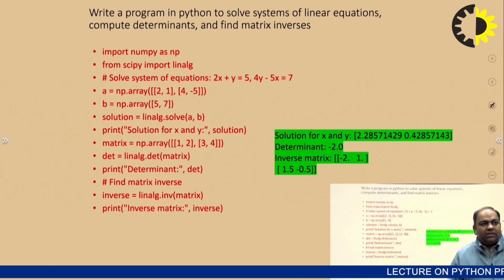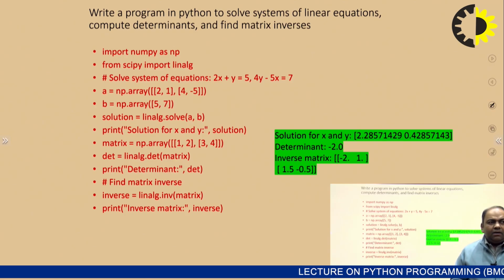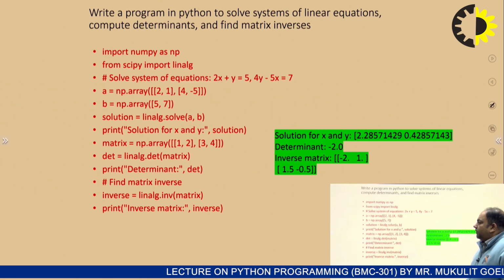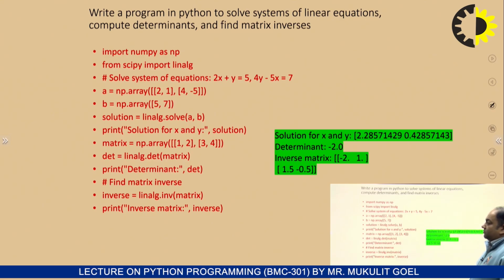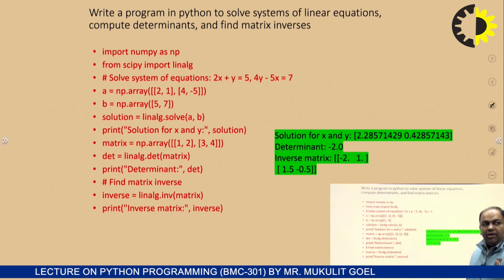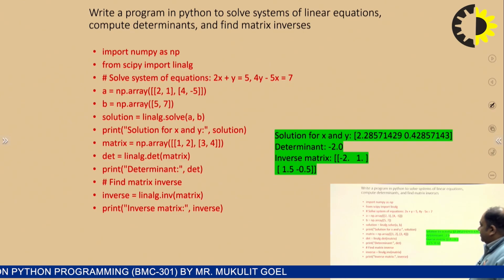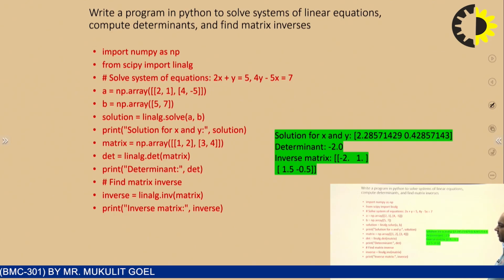So this is the program in which we use a linear algorithm and we use both the modules numpy and scipy. So first we import numpy as np, then from scipy we import linalg, and then we write the equation. The equation is a comment, and in the array we give the values of a and b.